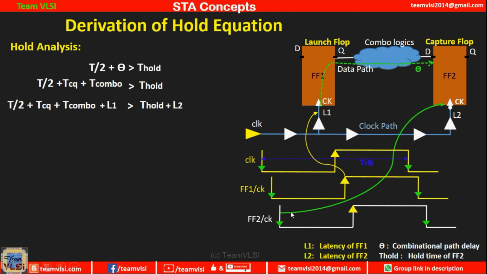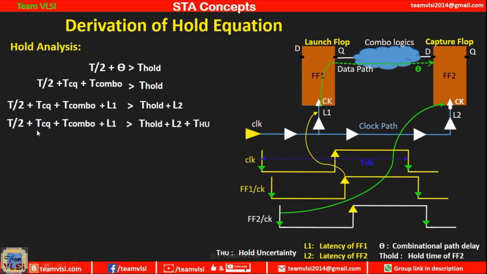So we have to consider its late appearance. We will consider this edge hold uncertainty, and suppose we have the hold uncertainty of THU, then we have to add this term on the right hand side, right?